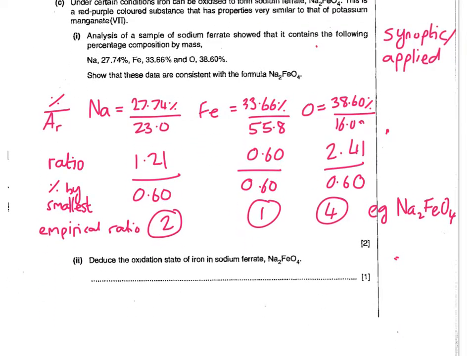So moving the question down, and it says deduce the oxidation state of iron in sodium ferrate. So taking sodium to be +1 and oxygen to be -2, for the compound to remain neutral, you must have an oxidation state of +6. So we can put that in.